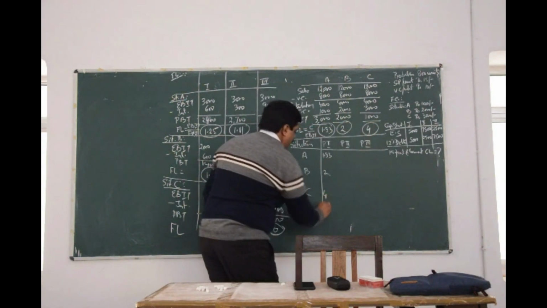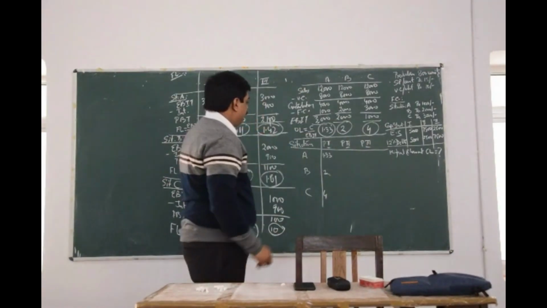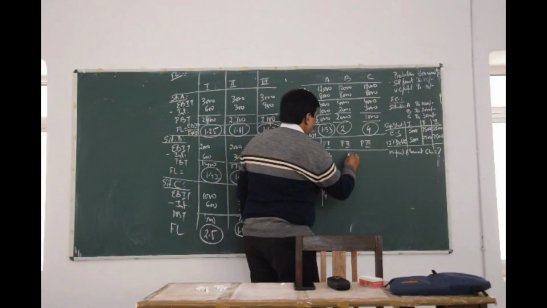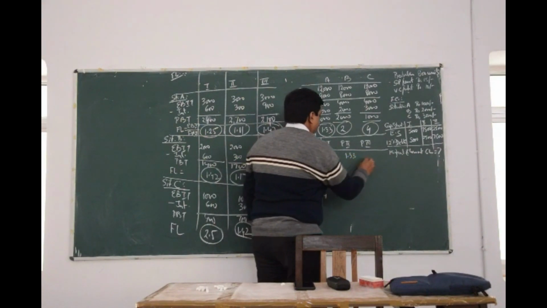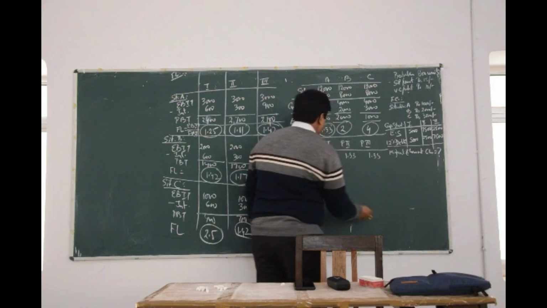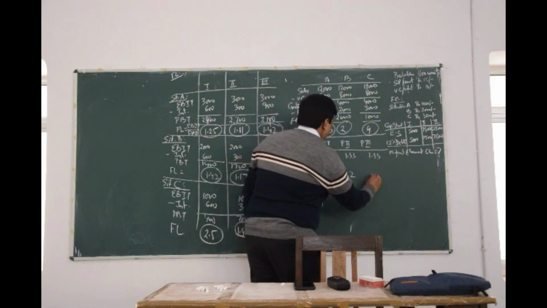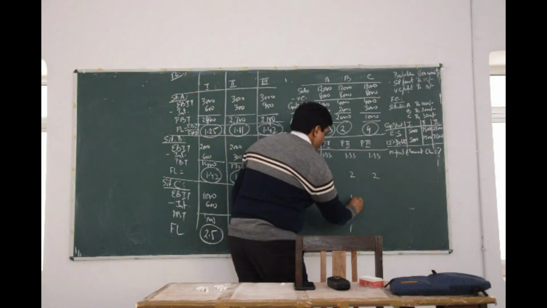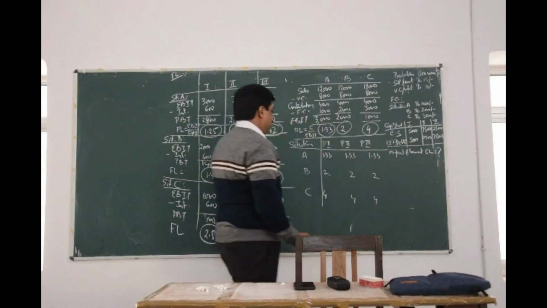That means this will prevail for all the 3: 1.33, 1.33, 2, 2, 4 and 4.